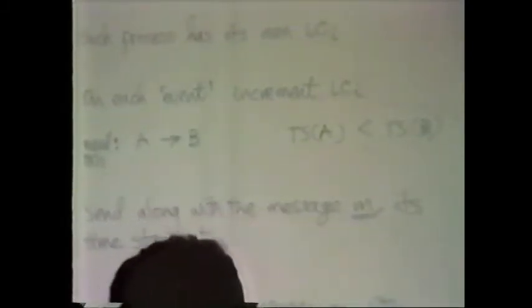On the other hand, if you are receiving a message M from some process with a timestamp of T, that's the time at which the sender sent it. And then you look at your own logical clock.